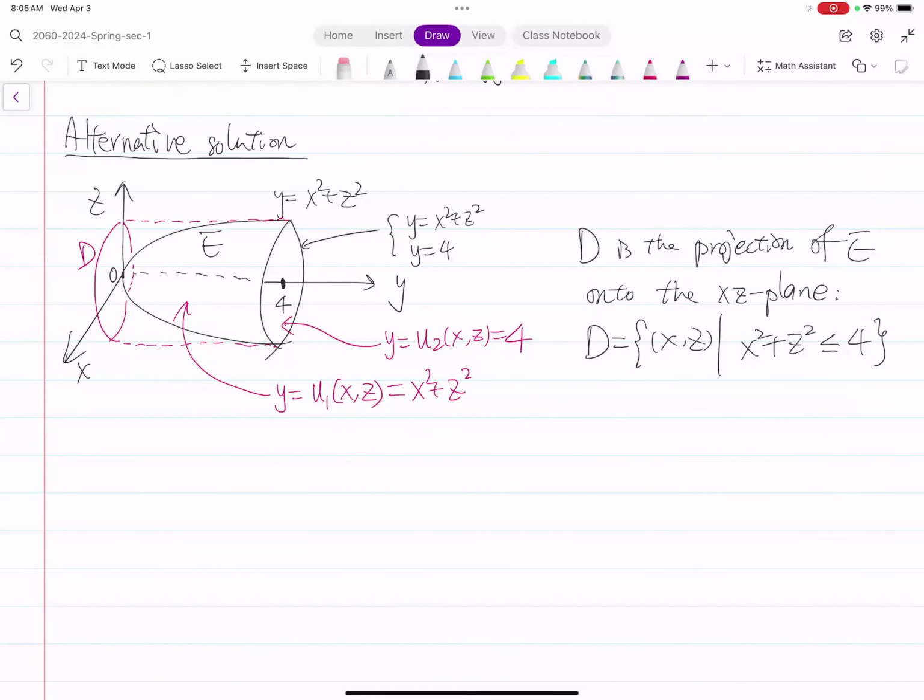Right. So now we do have the region D, and we have the upper and the lower surfaces that are bounding the solid. Okay. And of course, we know how to describe the disk, right?